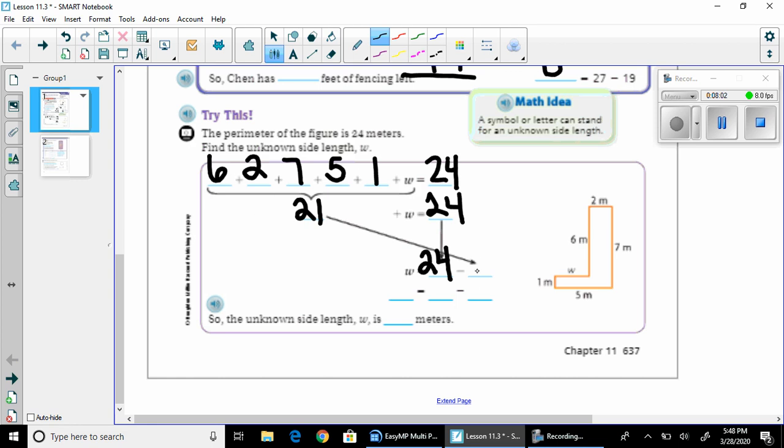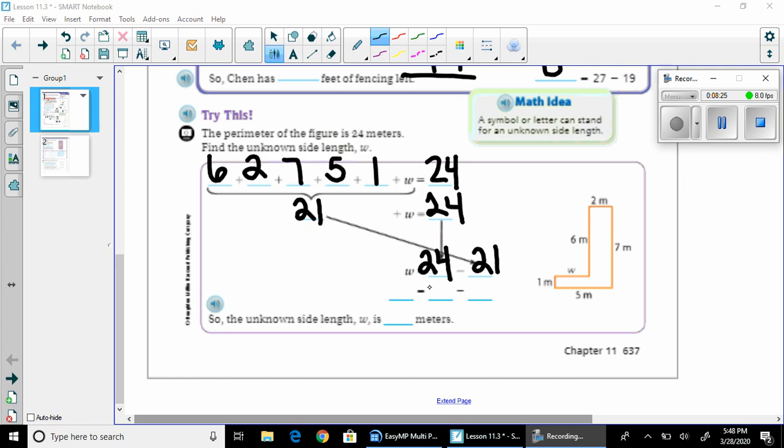So 21 was our distance so far without our unknown side. Okay, so I would like you to pause the video and subtract 24, or your distance all the way around, by 21, or the distance that we have so far.